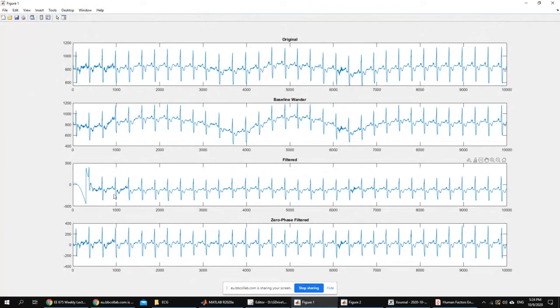If you compare this and that, look at this here, this is at this point right there. Look at where it appeared later on, after the group delay.